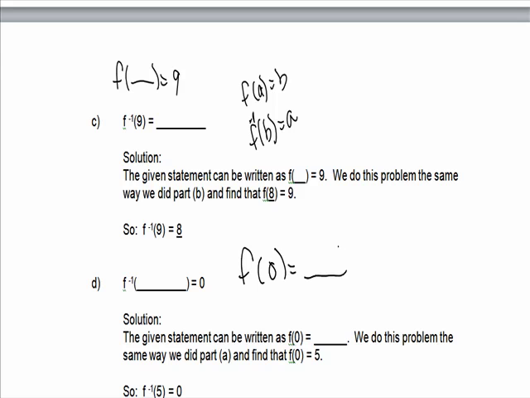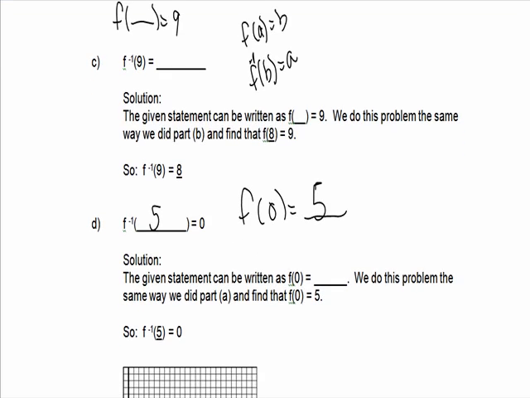And so now I know the 0 is an x value. So I go to my graph to where x is 0, read off, and I get 5. So that tells me f(0) is 5. So f inverse of 5 is equal to 0. So it's just reading off. And again, I convert everything back to an f statement.